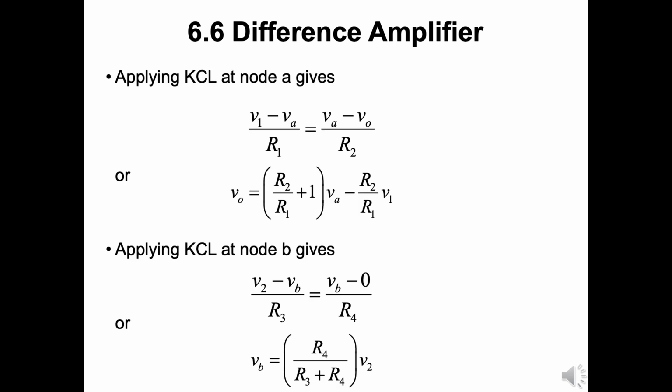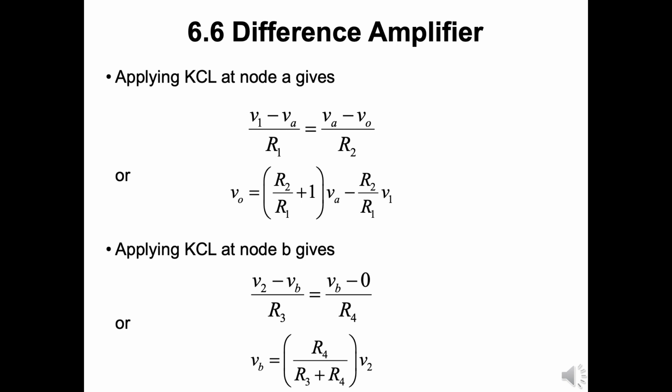Applying KCL to node A, each current component, 1 and 2, will be the top equation in this slide. As we extend this equation, we can have the output voltage as the in-bracket term with voltage A minus the component with voltage 1.